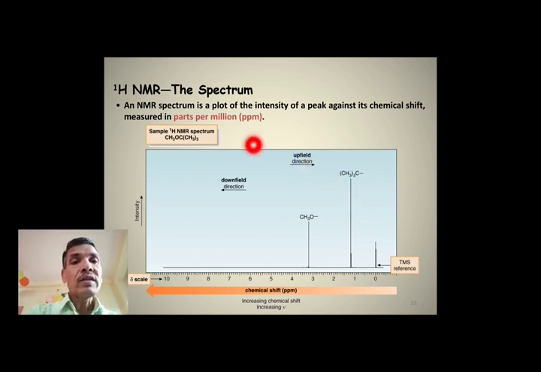So, the chemical environment of these 9 hydrogen atoms is the same, and it is different from the chemical environment of these 3 hydrogen atoms. Therefore, these 9 hydrogen atoms give one signal and the 3 hydrogen atoms give one signal.